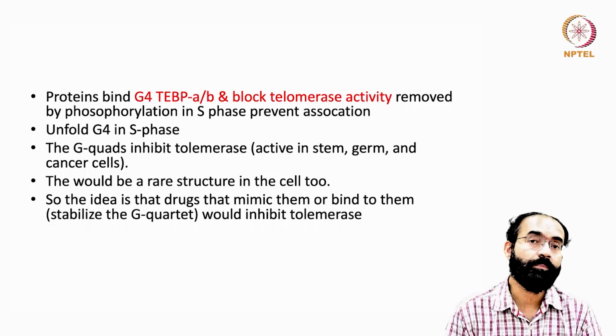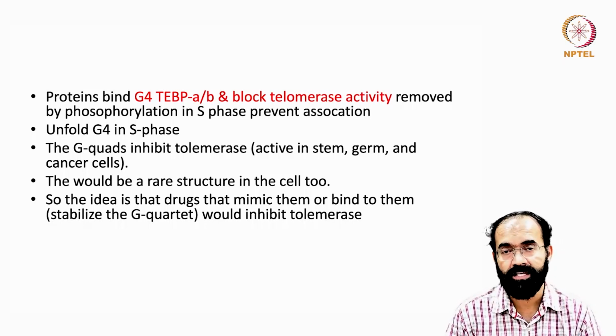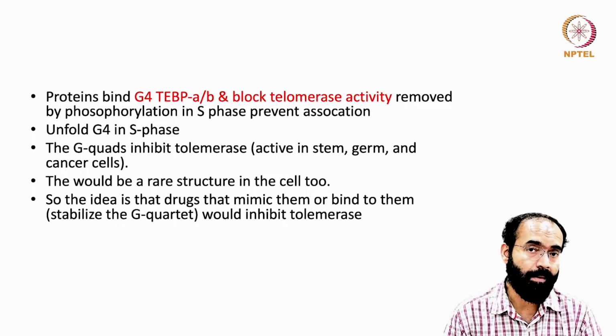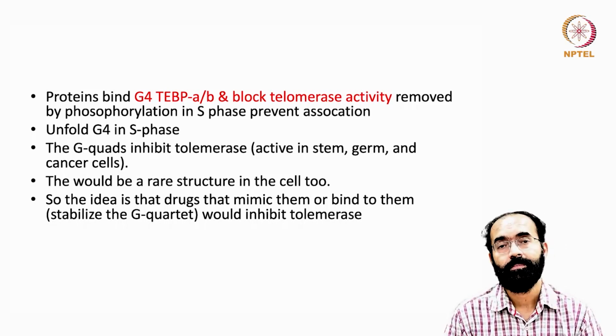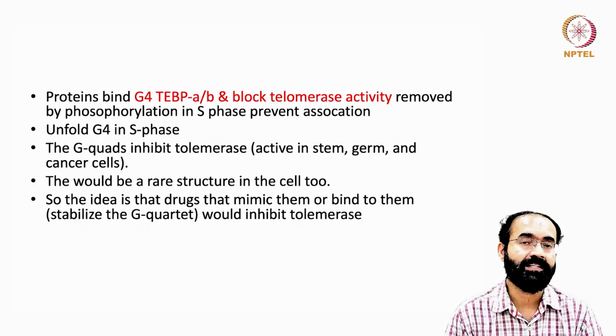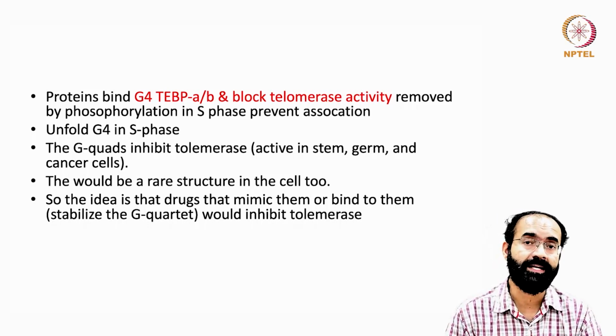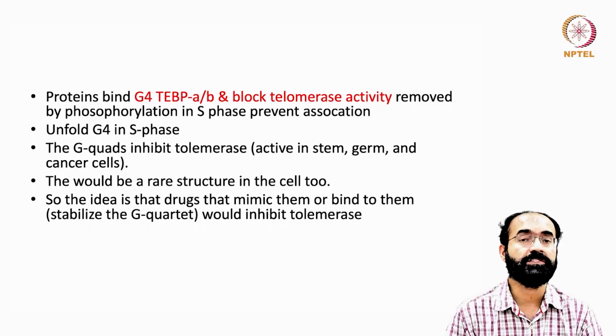That means telomere structure, or the proteins associated with the telomeric cap, also contribute to reducing or preventing the telomerase activity. So when cell replication or DNA replication takes place, the quadruplex structure is lost and the telomeric repeat is lost because of the end replication problem.